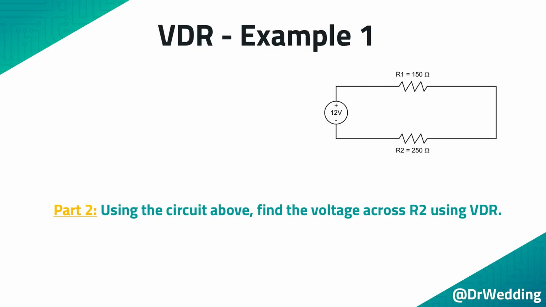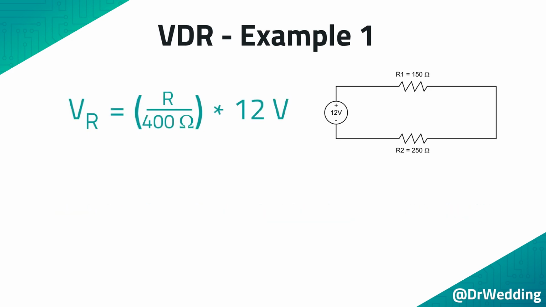Using the circuit above, find the voltage across R2 using the voltage divider rule. We have already calculated the total voltage and total resistance for this series circuit. So this equation can be reused to calculate the voltage drop across the second resistor in this circuit.